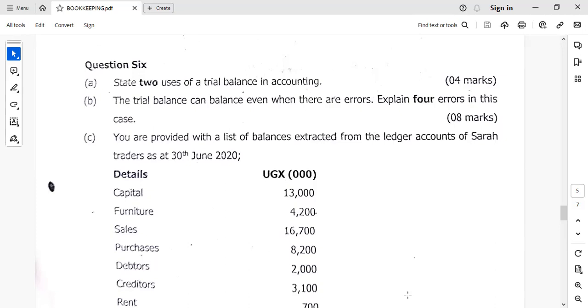There should be a debit entry in one account, and at the same time, a credit entry in the other account. So at the end of the day, total debit entries should always equal the total credit entries. For each and every debit entry, there is a credit entry, and for each credit entry, there is a debit entry.